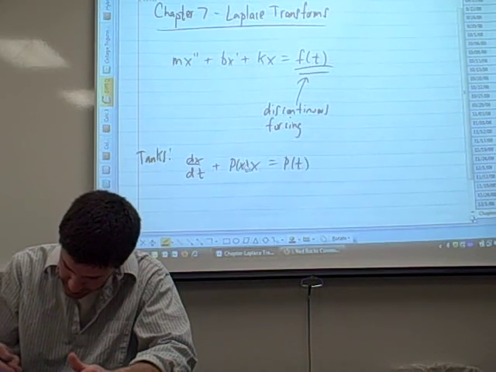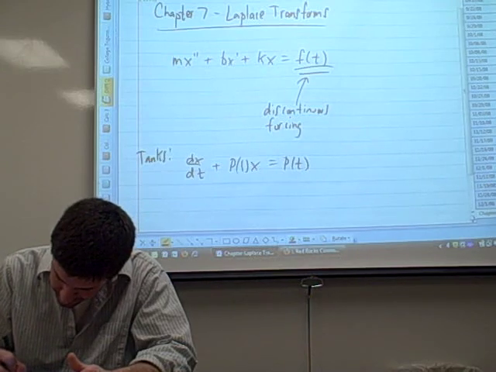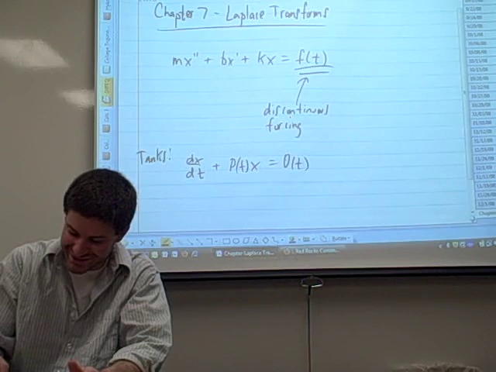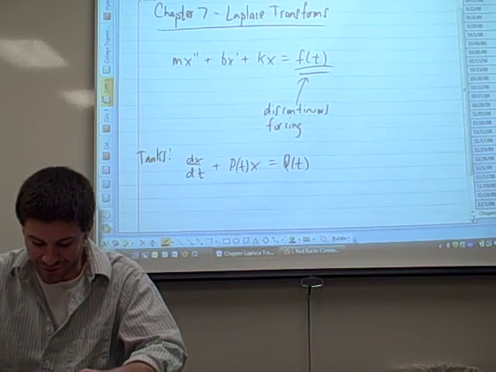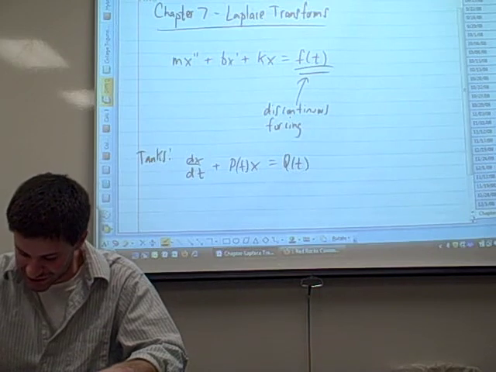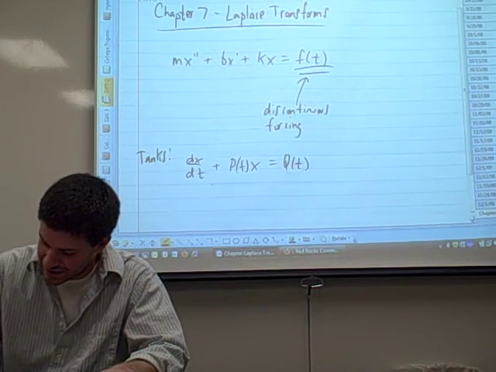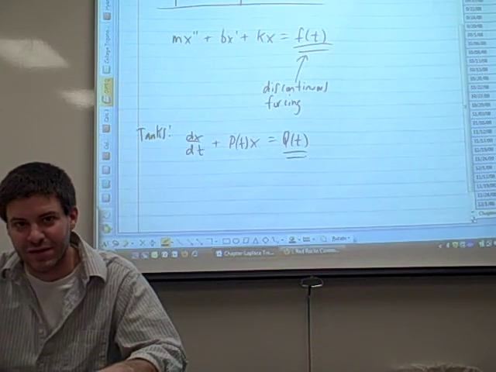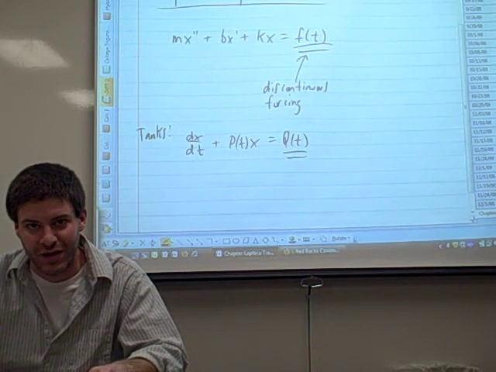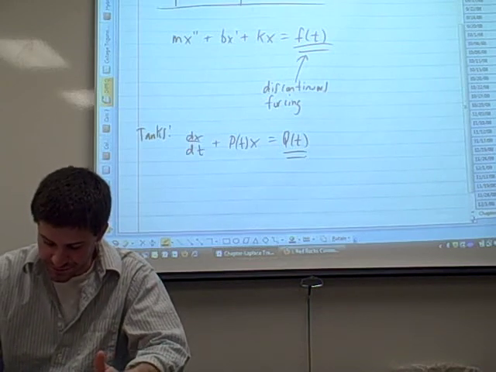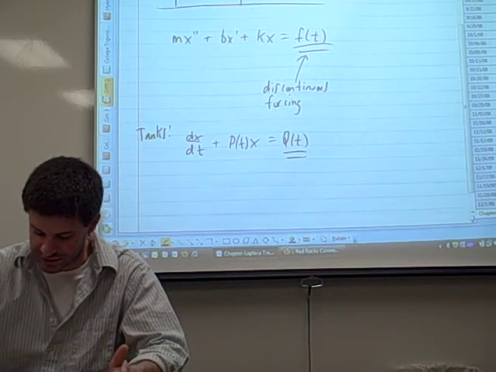Oops, that should be a T. You can go back to your notes and you'll see that when we did tank problems, we always end up with some sort of a first-order linear differential equation. This Q of t involved a rate in and a concentration in. Remember that Ricci-Rocco equation that we talked about.